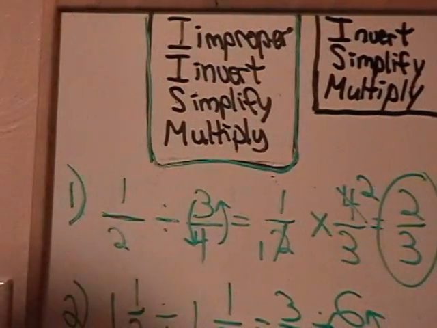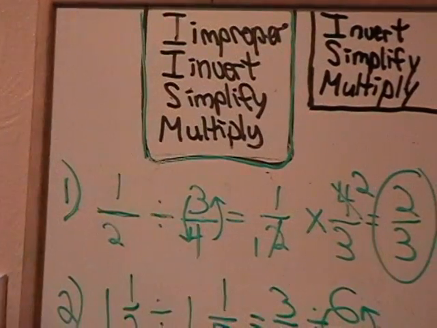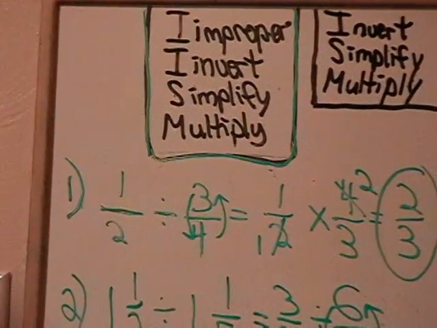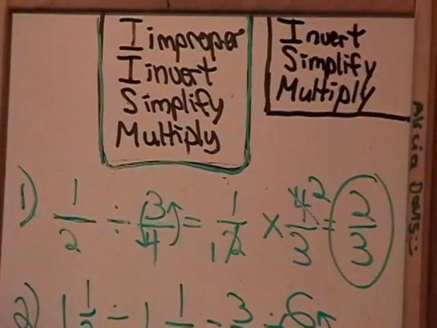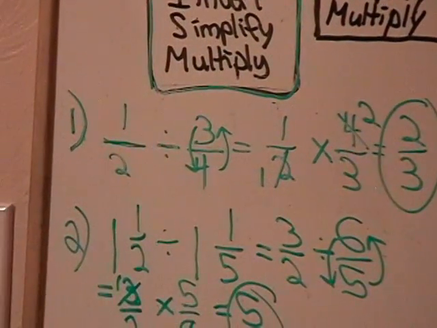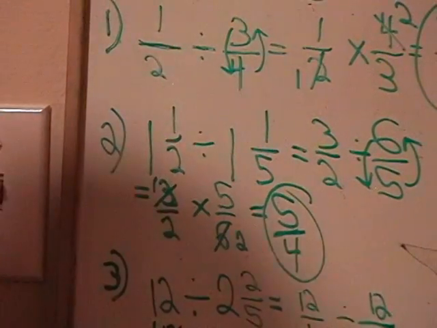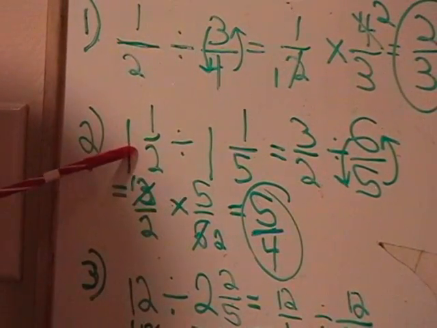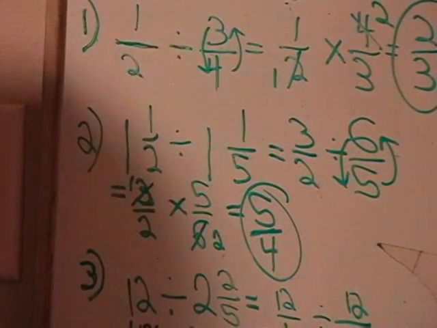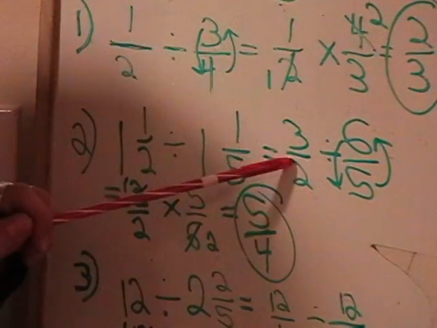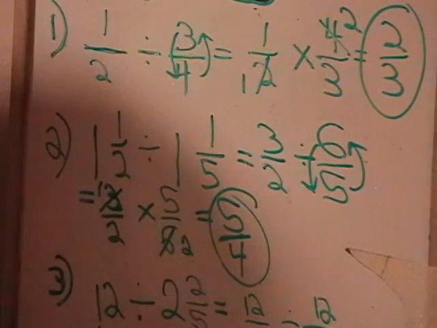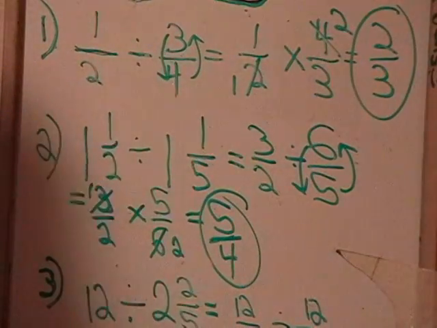Next topic in the division of fractions is dividing a mixed number by another mixed number. First, we have to change the mixed numbers into improper fractions. That's where the numerator is bigger than the denominator.